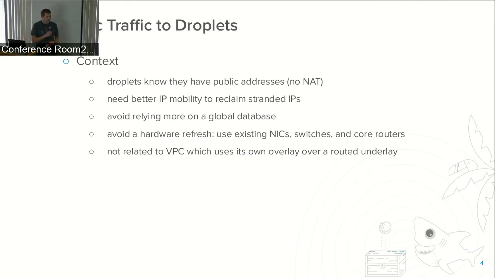And the value of an IP address in the IPv4 space is ever increasing, and I don't think we'll ever go down, not for a long time anyway. We also wanted to avoid any more reliance on our global database. We've had a multi-year effort in reducing reliance on our global database and regionalizing data. We didn't want to go there.